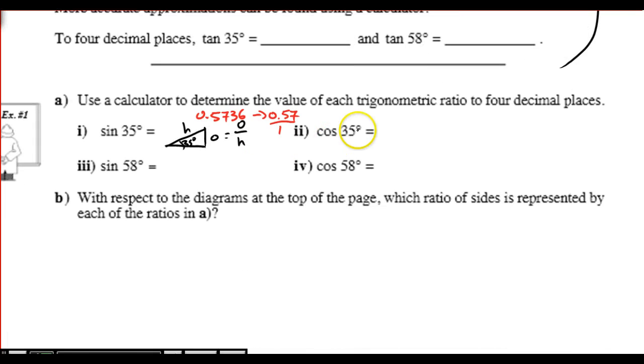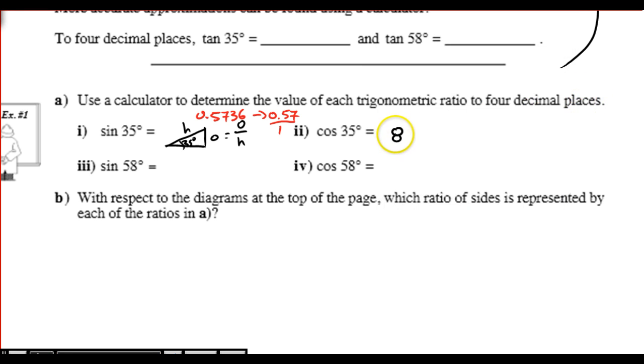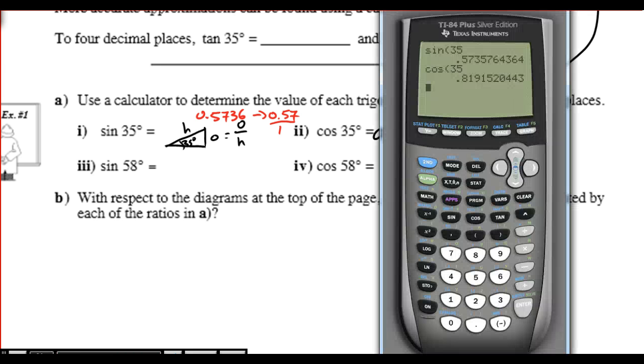Okay, let's look at cosine 35. We're going to get a calculator out, so we'll go cos 35, hit enter, and 0.8192 is that ratio. Sine 58 is pretty straightforward. The questions aren't that hard.